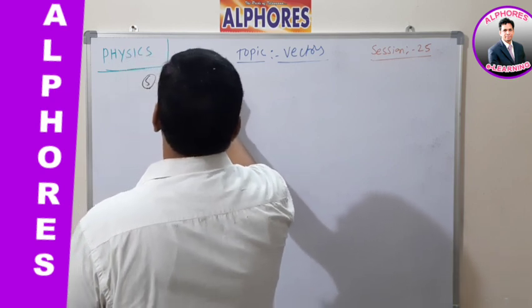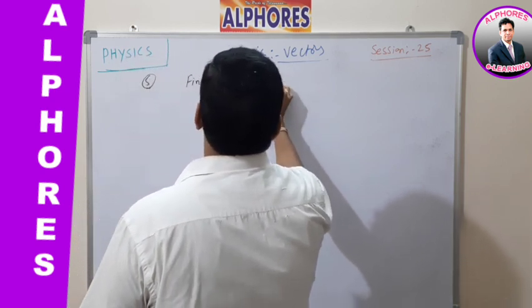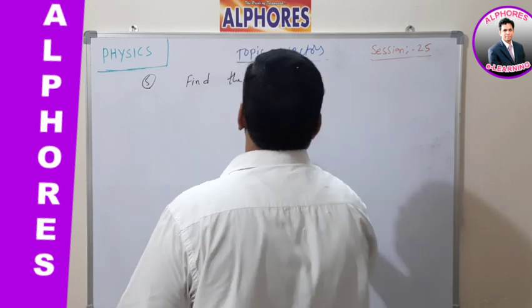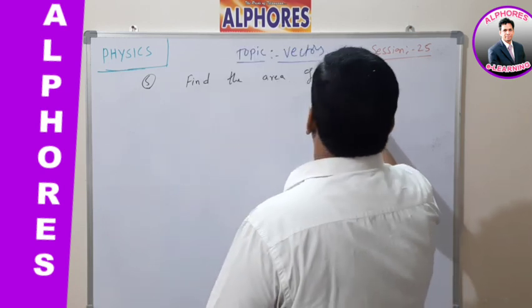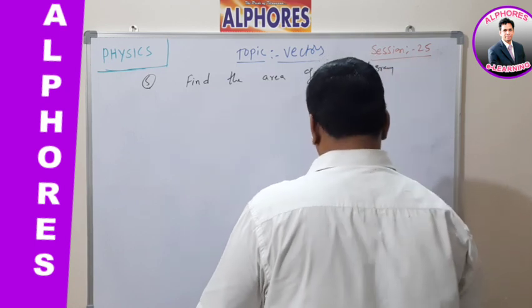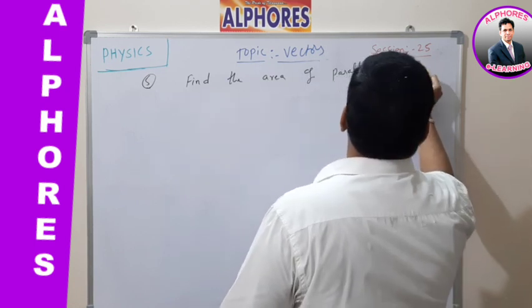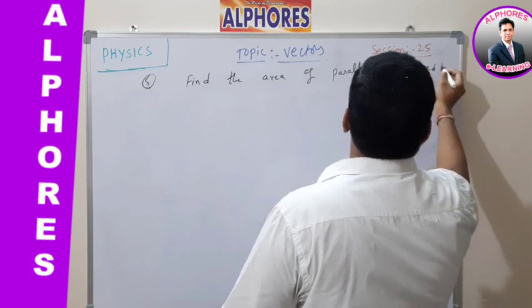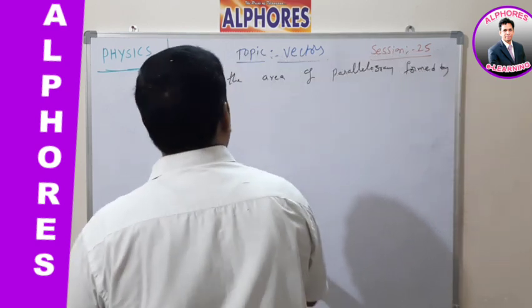Find the area of the parallelogram formed by the vectors.